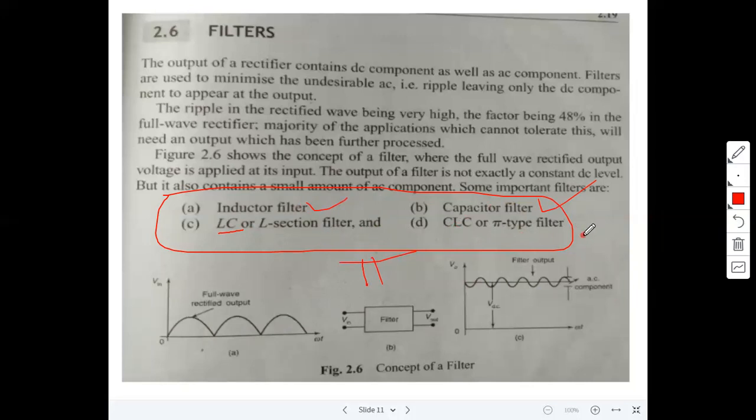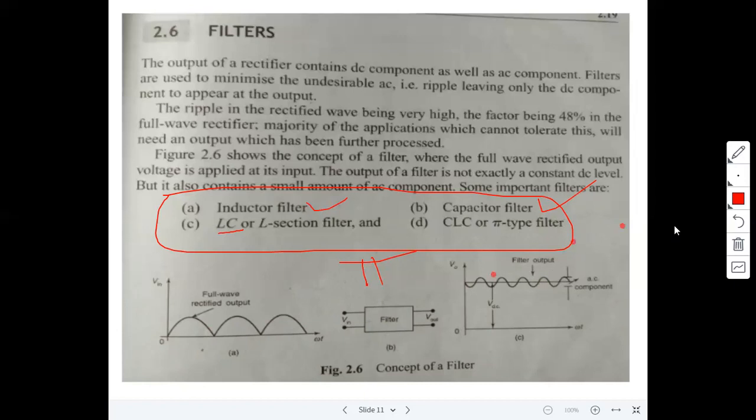Okay, the main functionality of the filter is to convert the rectifier output into an approximately equivalent DC signal. It does not give a pure DC signal. Still, the filter output also has some small ripples. That can be converted into pure DC using a regulator circuit, Zener diode regulator circuits, right?